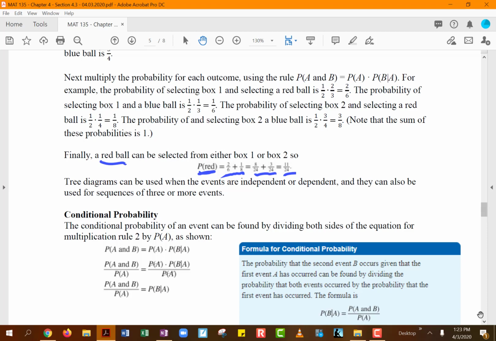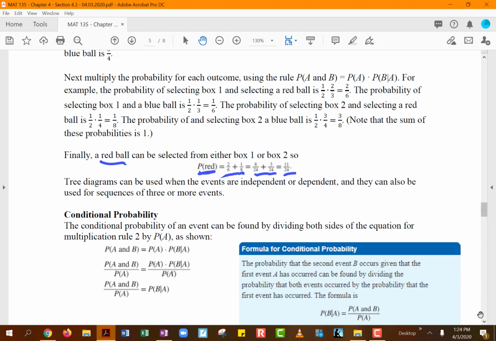You will notice we are adding these two probabilities because they are mutually exclusive events, which is what we talked about in the last section. So they're using the addition rule here to come up with this probability, because there's no sequence of events happening here. Your sequence of events is choosing box 1, and then the dependent event would be choosing the red ball from box 1, or choosing box 2, and its dependent event would be choosing the red ball from box 2.